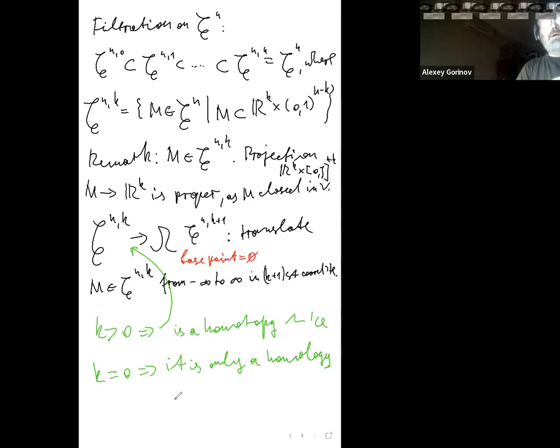And when k is 0, things are more complicated. Namely, this map is only a homology equivalence.